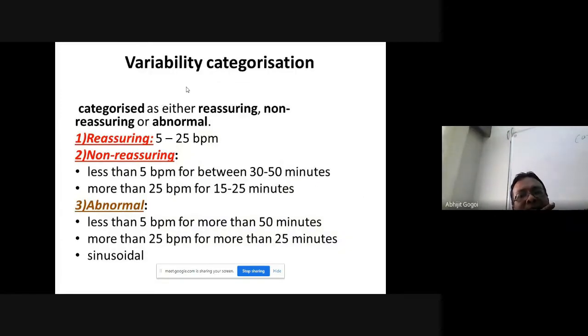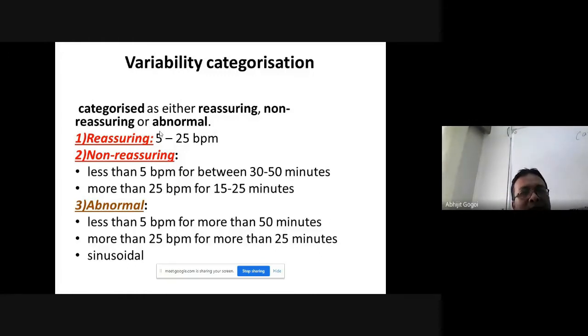So we categorize the variability as reassuring, non-reassuring, and abnormal. Number one, reassuring: if you take the mother for a CTG test and you see the variability is between 5 and 25, you reassure her that everything is normal and she can go back.